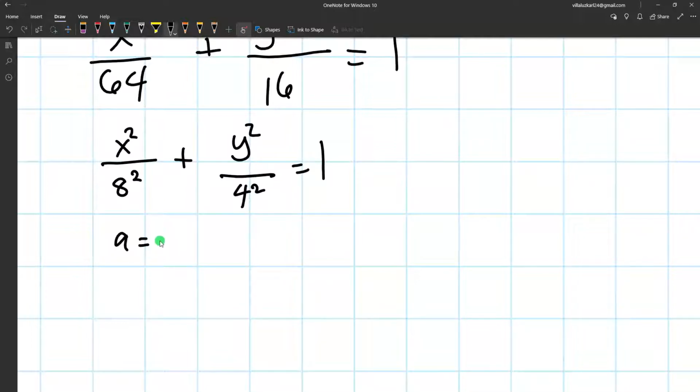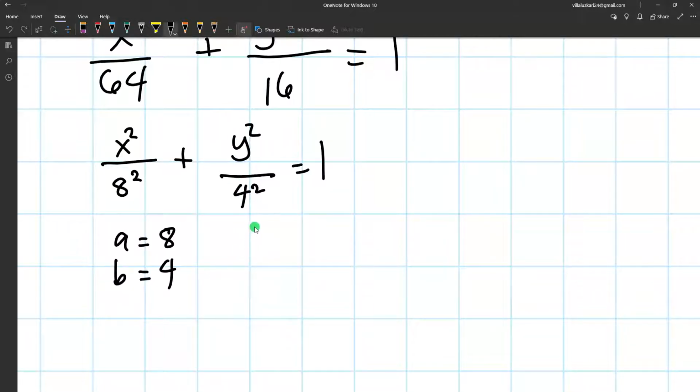So we have 8 for a, and for b, we have 4. Since 8 is the denominator of x squared, it means that your major axis is along the x-axis, and b is on the denominator of y squared, which means that's your minor axis along y.